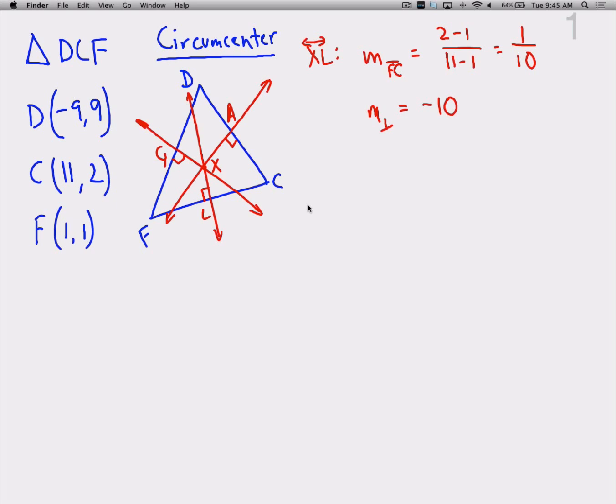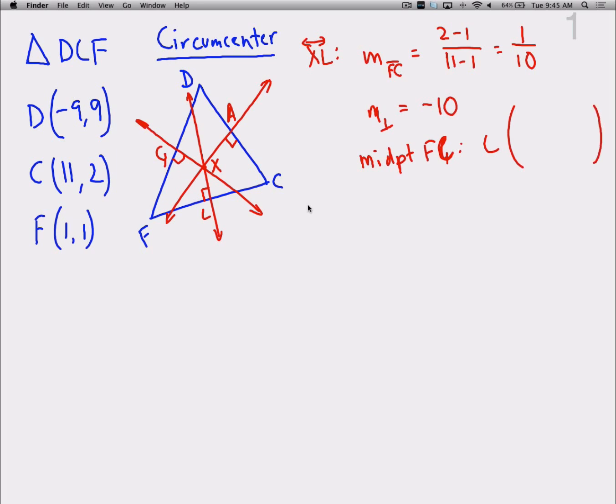Now you find the, wait, is that C or L? That's an L. Is L the midpoint of FC? Then we can find that using the midpoint formula. So we want the midpoint of FC, which we're calling L. Why do I keep writing a G?